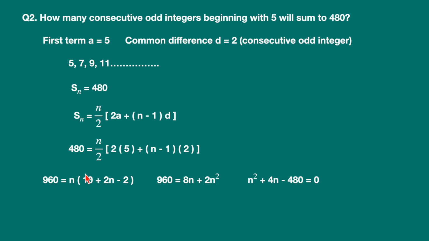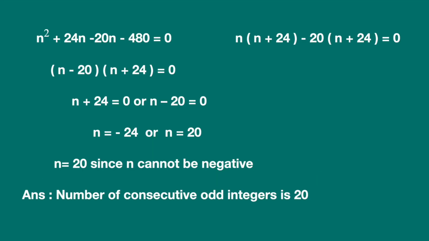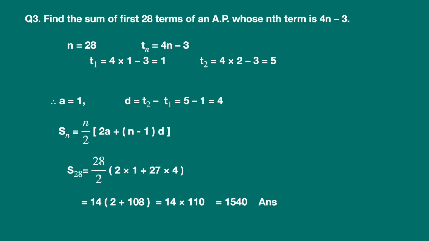On simplification, you will get a quadratic equation. Split the middle term. We are using algebra here. You will get n is equal to minus 24 or n is equal to 20. Number of terms cannot be negative, it has to be positive. So n is equal to 20 is the correct answer. Number of consecutive odd integers is 20.